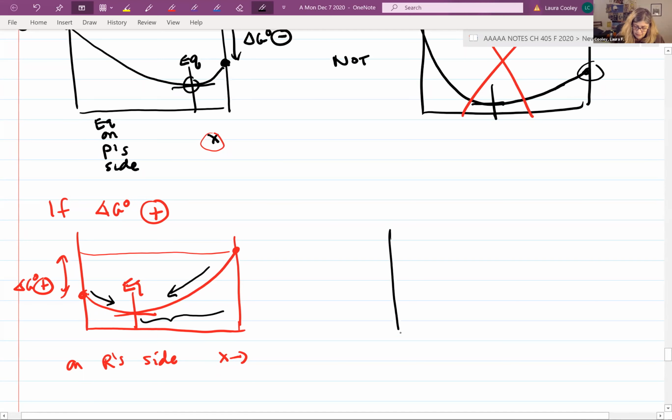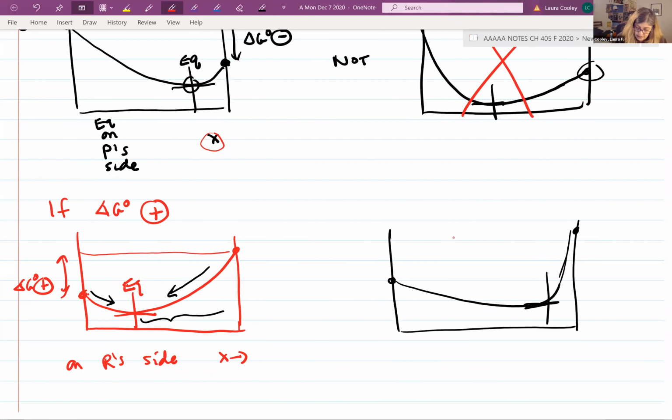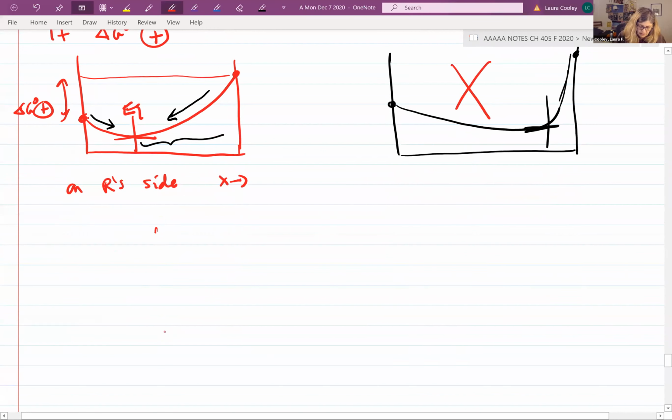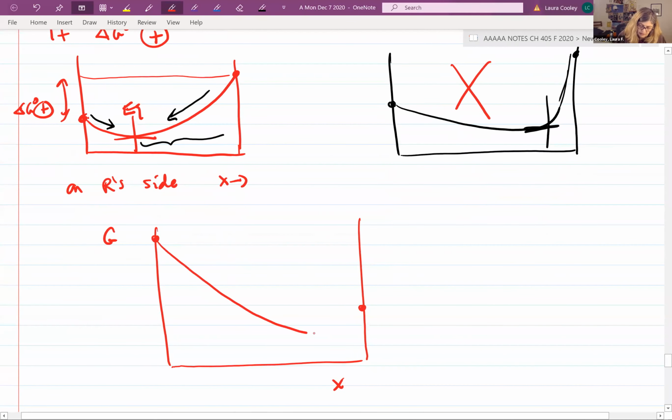And you would never draw the curve like this. If you have this situation, you are not going to have the minimum over here. That's just wrong, so don't draw that. If I ask you to draw a sketch of G versus X, supposing it's exothermic, I often ask you to label the relevant features.